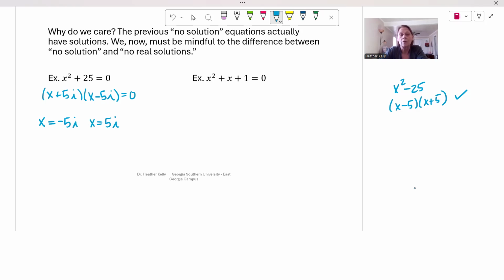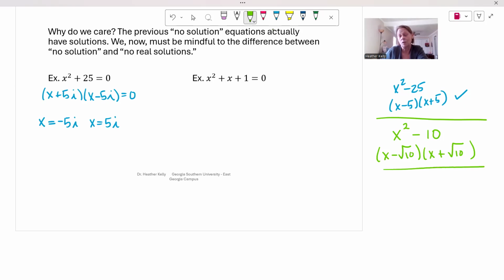Okay. Now, it's cool to note, when you're dealing with differences of squares, and I hadn't brought this up, that you can use the difference of squares in all sorts of situations. Like what if I had x squared minus 10 and I wanted to factor that? That is x minus the square root of 10, x plus the square root of 10.